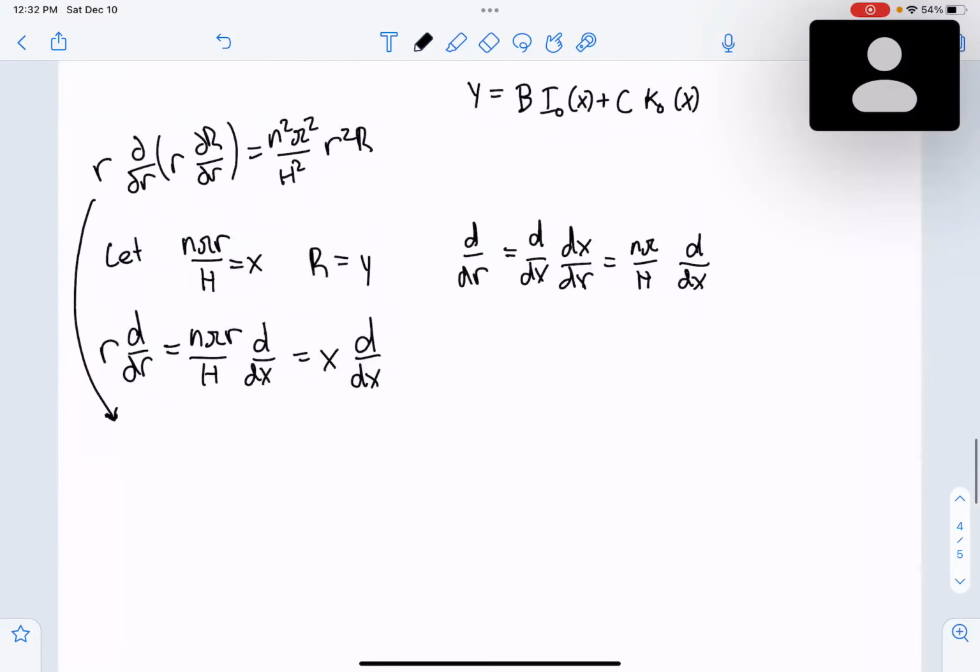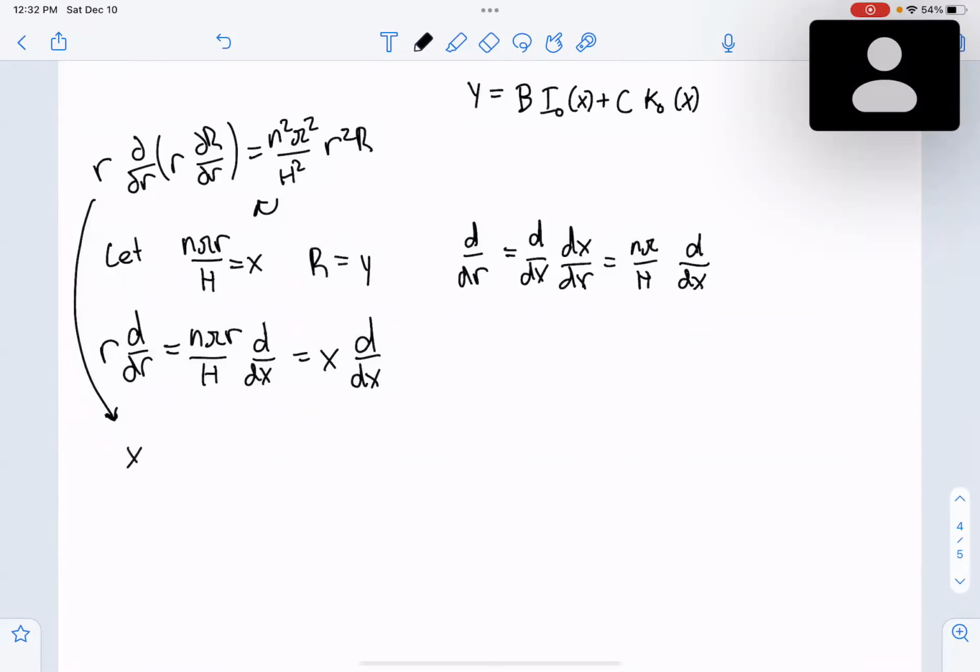So if we replace all of those formulations that we just defined in terms of x and y only, and we're also going to bring this on the other side, I should mention, we actually get to the exact form that we wanted.